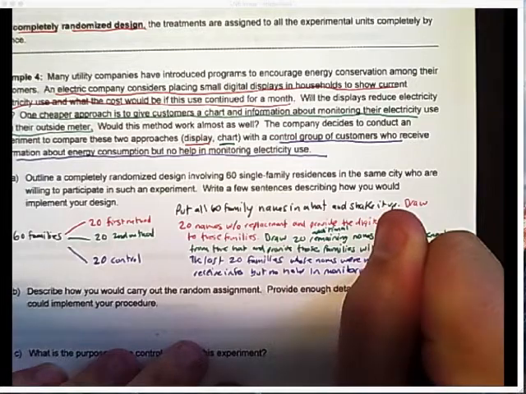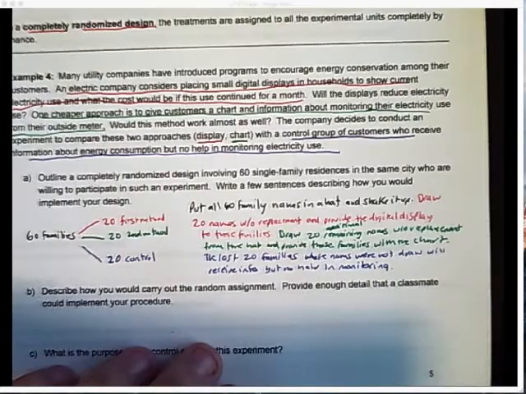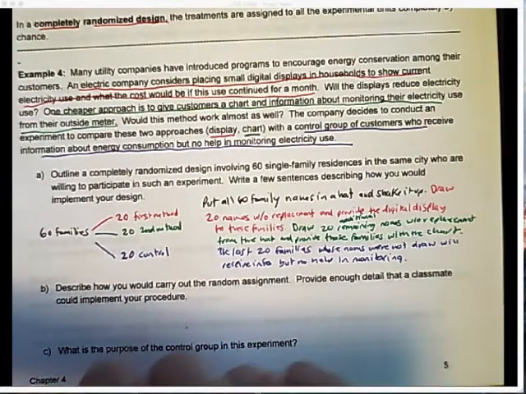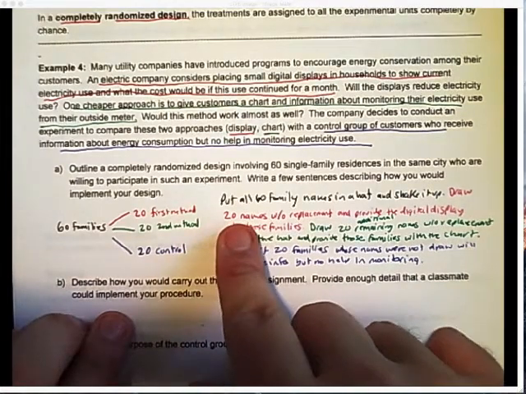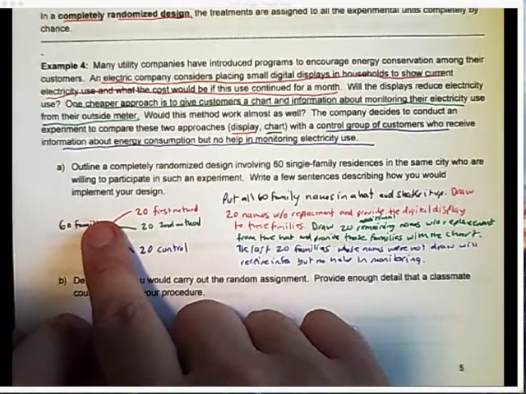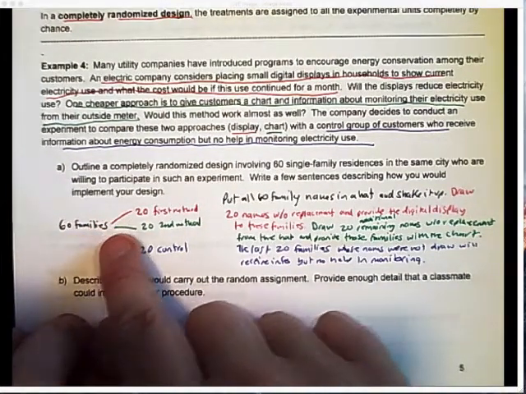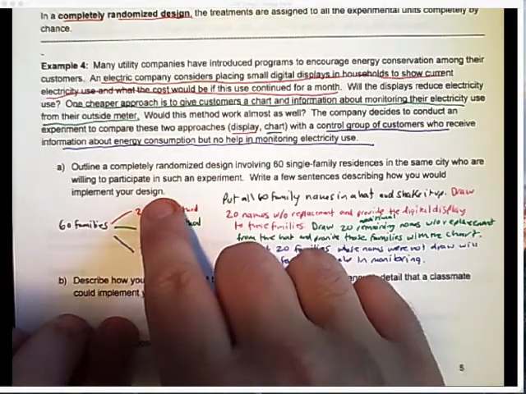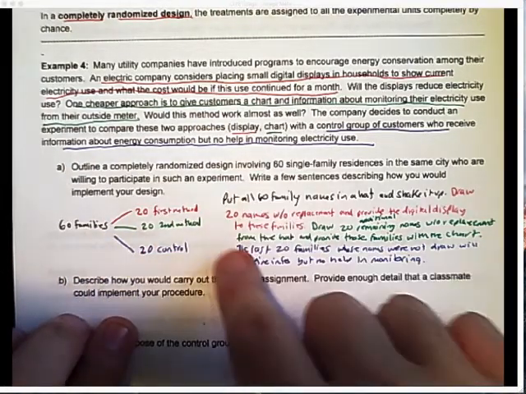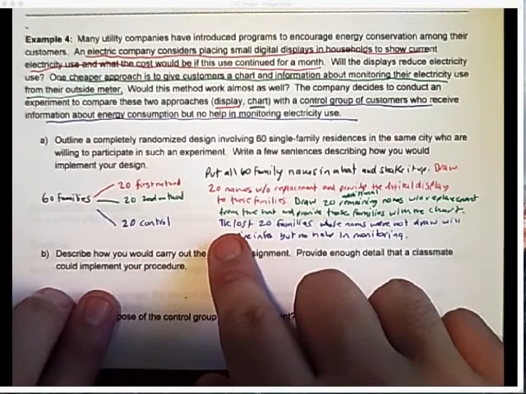Okay, so that's my design. That's my experimental design right there. I'm telling the reader, the grader, how I am going to break these 60 families up so I can randomly put 20 people in each method. And I just did that in a few sentences.